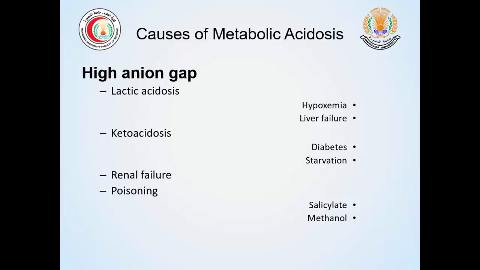Why? Because failure of adequate excretion of various acid anions due to greatly reduced number of functioning nephrons will lead to high anion gap metabolic acidosis. The last cause of high anion gap acidosis is poisoning, like salicylate poisoning and methanol poisoning.